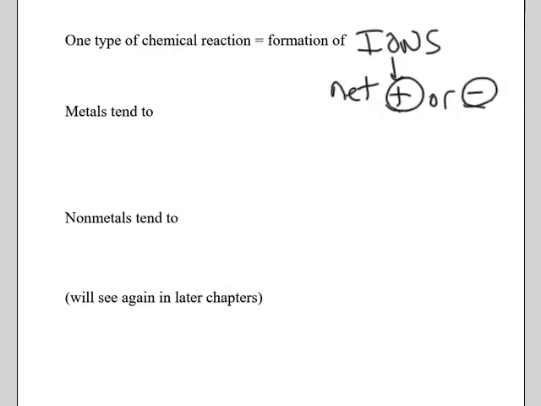All atoms start off neutral. In other words, a particular atom will have a certain number of protons. For example, fluorine is atomic number 9.